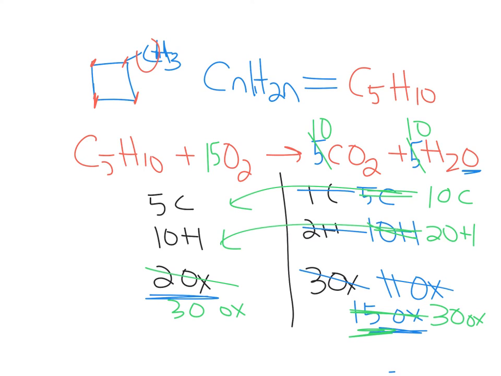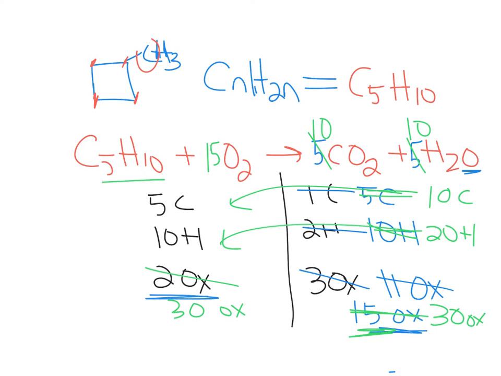So what I mean by that is, on your product side you have 10 carbons, but you actually started with 5 carbons. On your product side you have 20 hydrogen, but you're actually dealing with 10 hydrogen on your reactant side. So the only compound where we have carbon and hydrogen is in our cycloalkane here.